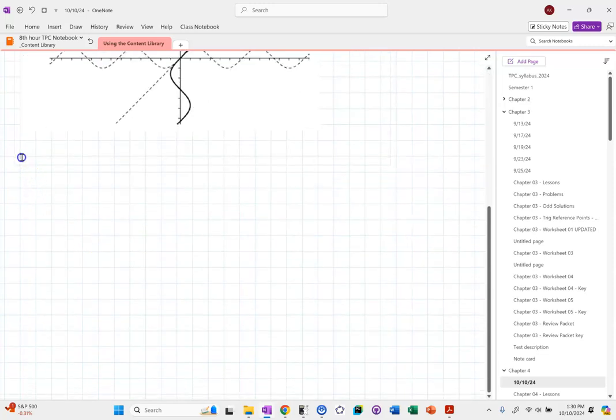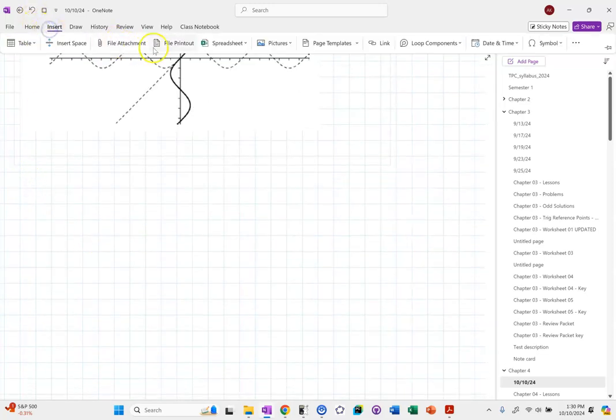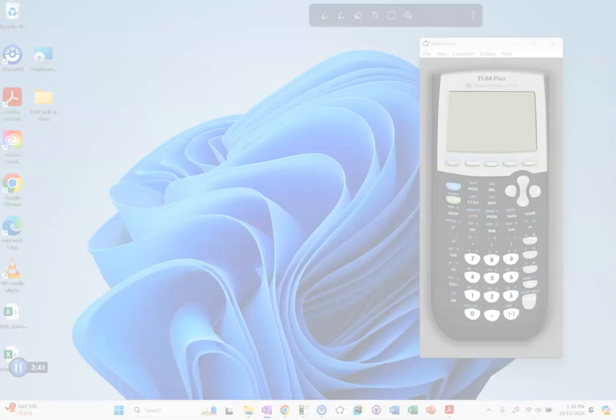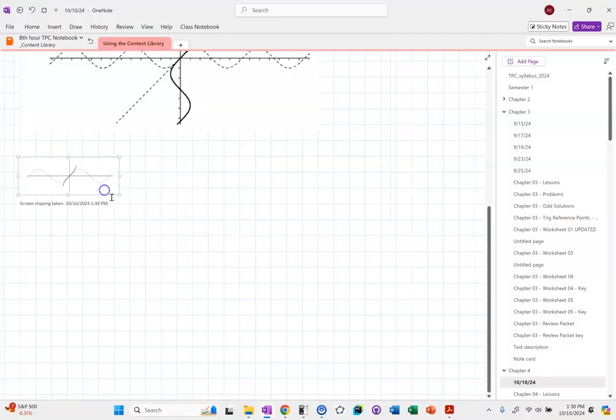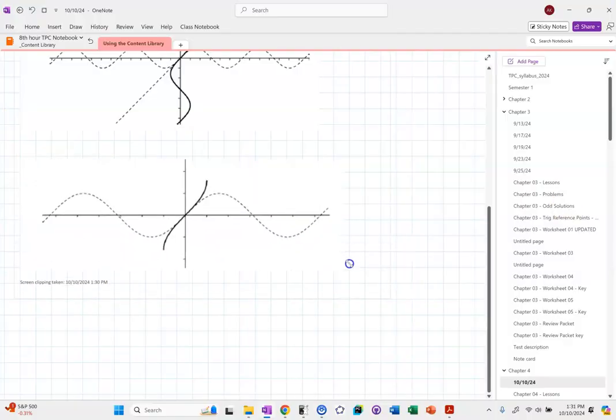If I use just that little part of my domain and then create my graph of my inverse, I get this bold-face graph.